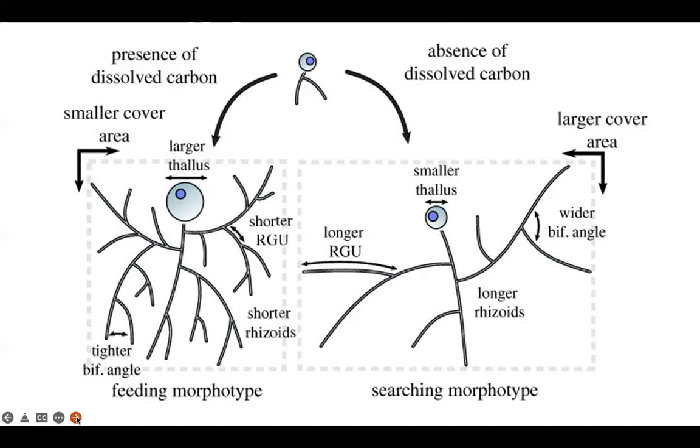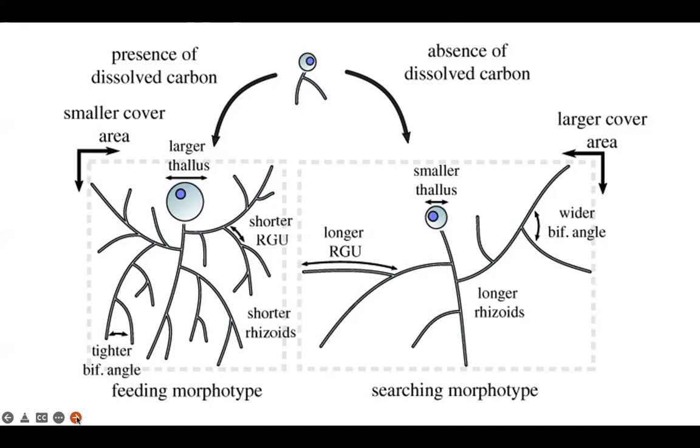If we give them food, they produce a nice typical rhizoid structure like this. But if we carbon starve them, they produce what we're calling the searching rhizoid phenotype: covering a much larger area, much wider bifurcation angles, longer rhizoids, and these larger rhizoidal proteins.